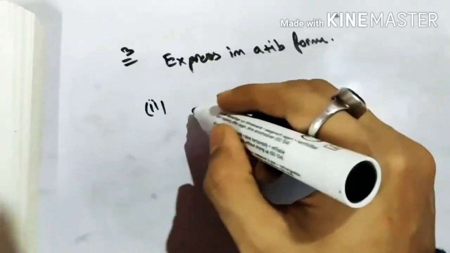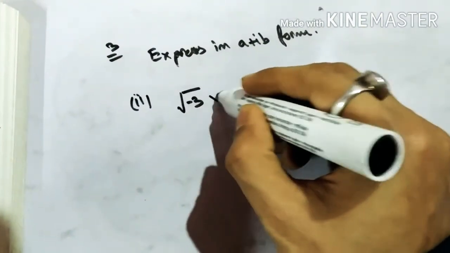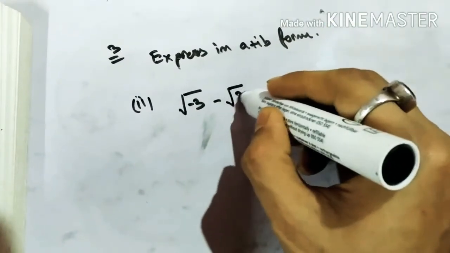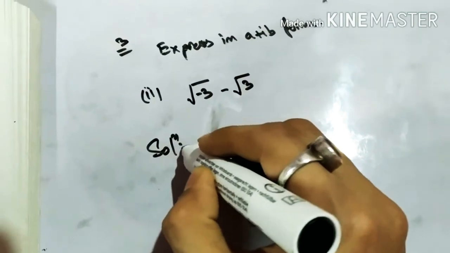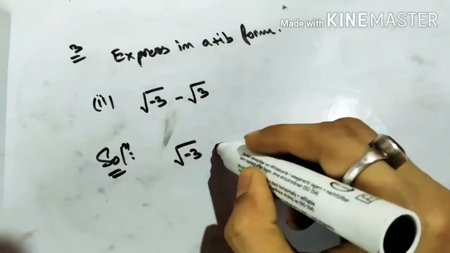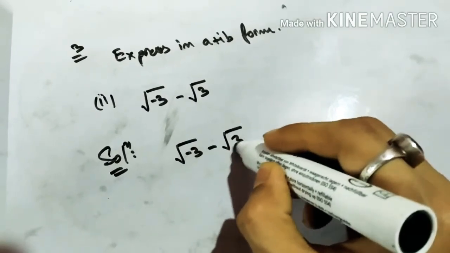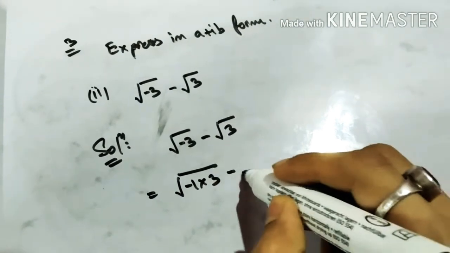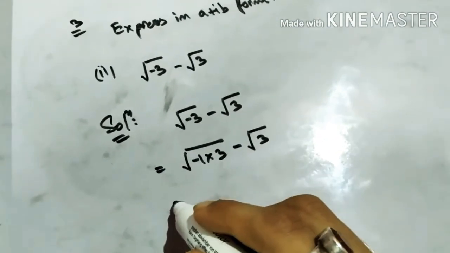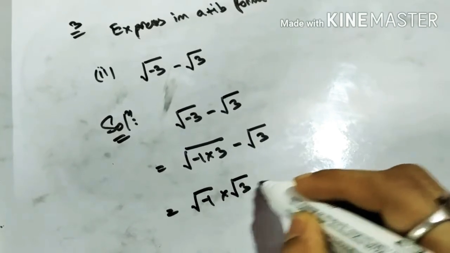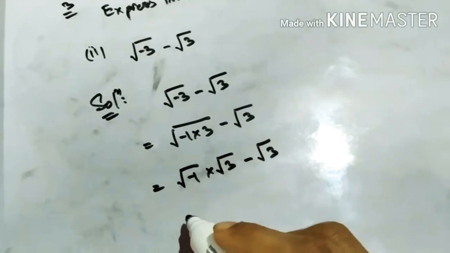Next it is number 2: √−3 − √3. Solution: √−3 − √3. This I can write as √(−1 × 3) − √3, that is √−1 × √3 − √3.